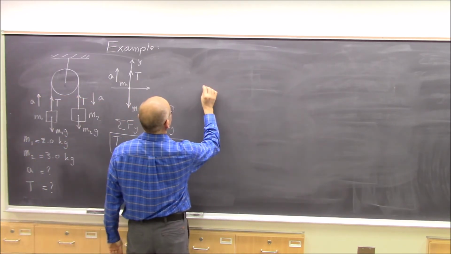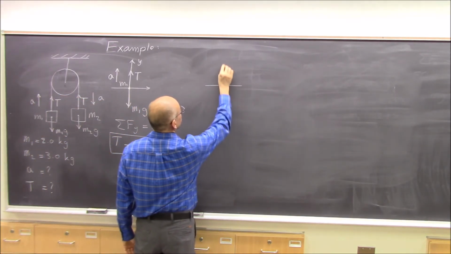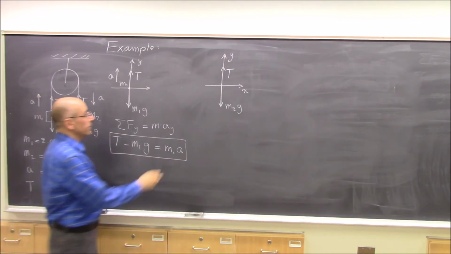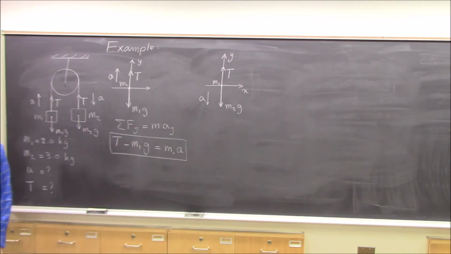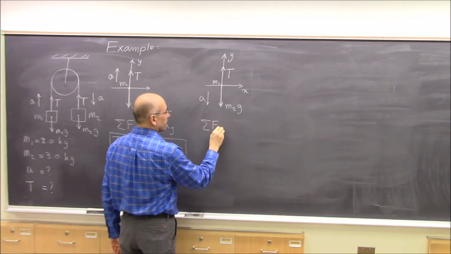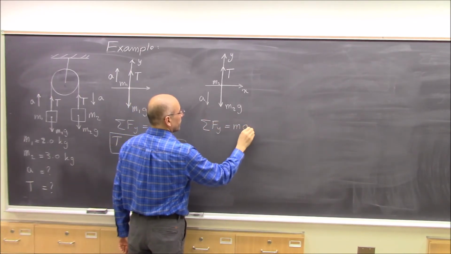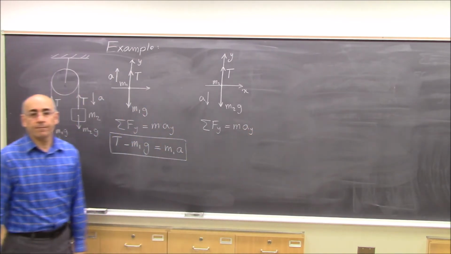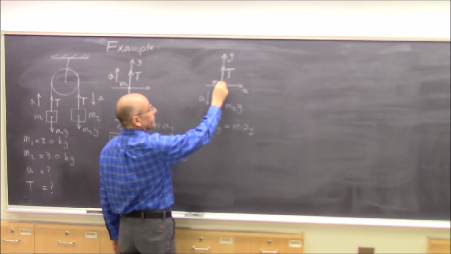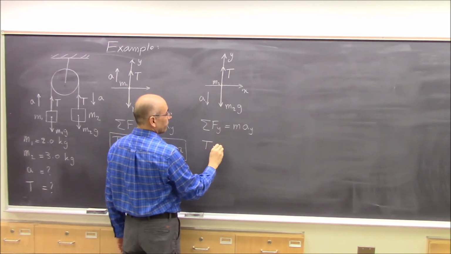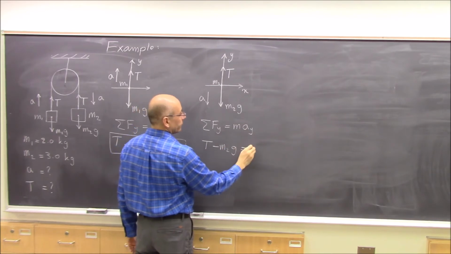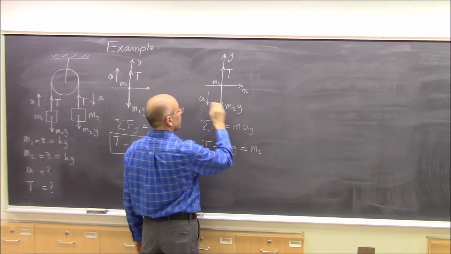So for M2, we draw a free body diagram again. And the acceleration is downward, the same magnitude. Then I write sum of Fy equal to M a y. And then sum of Fy means T minus M2G equal to M2 times the y component of acceleration.